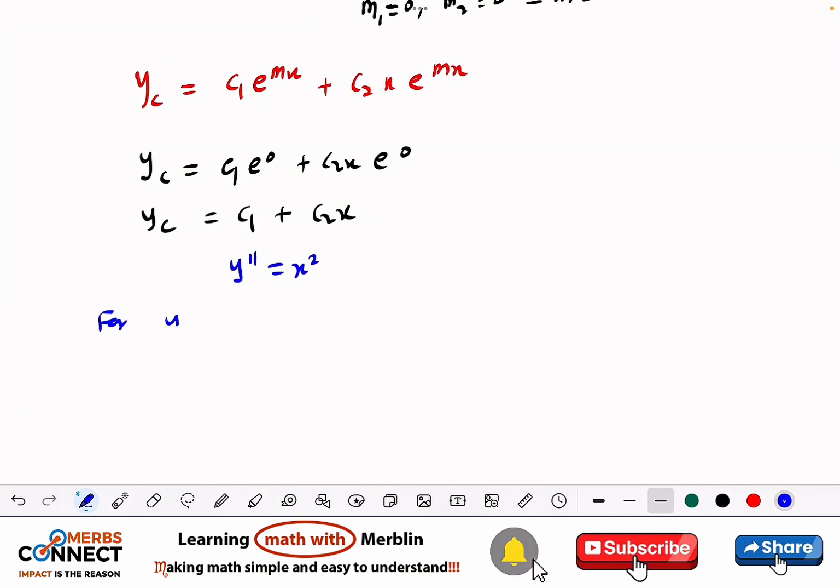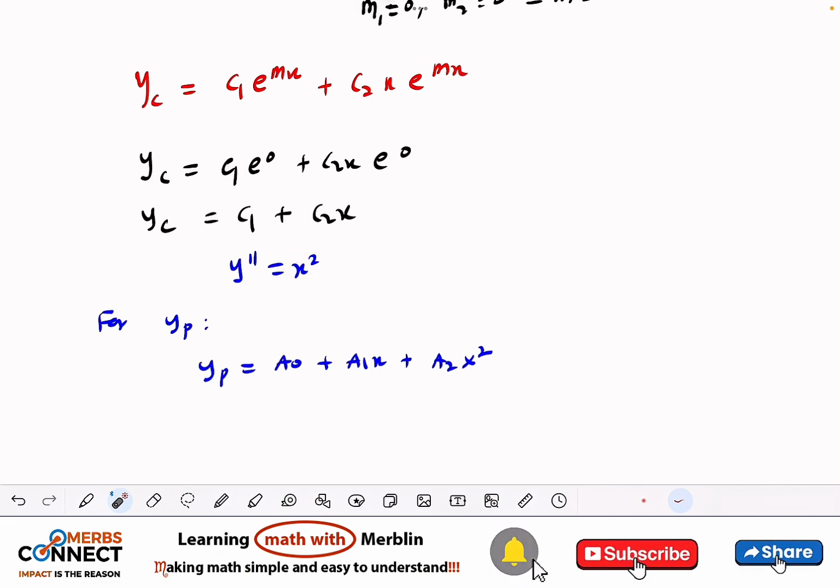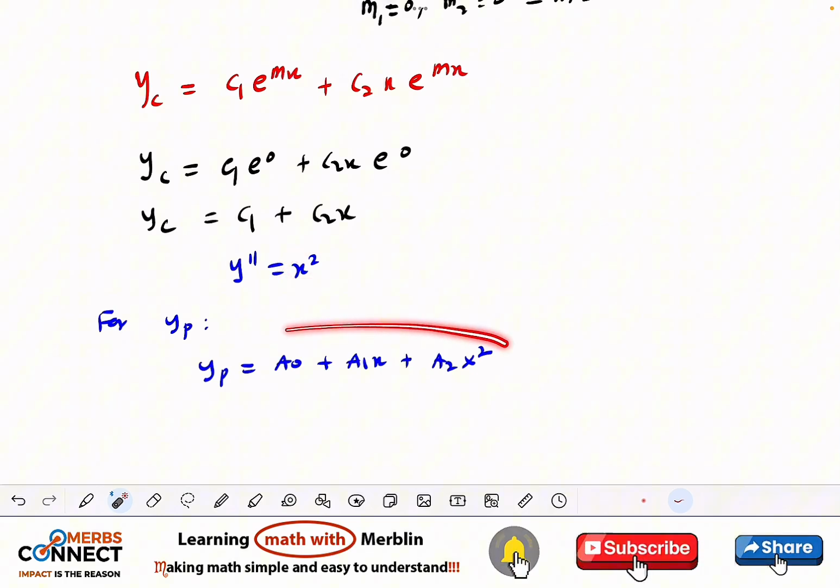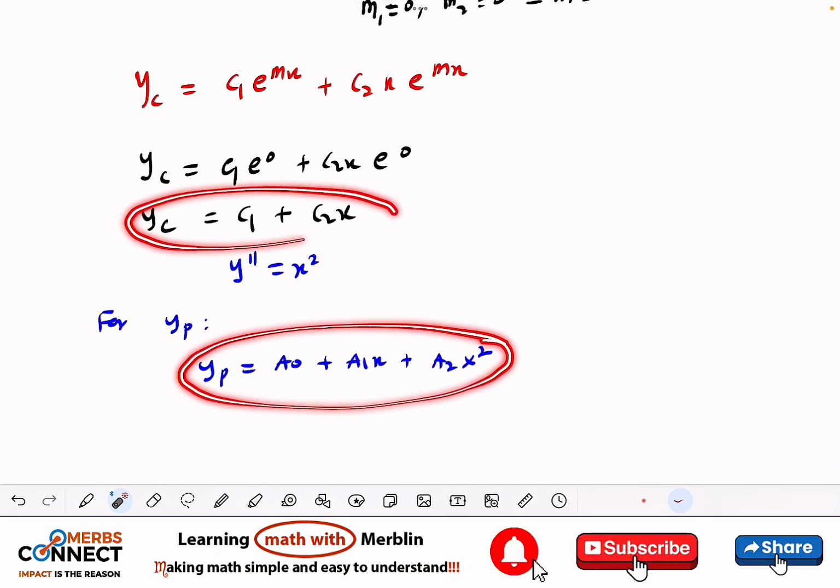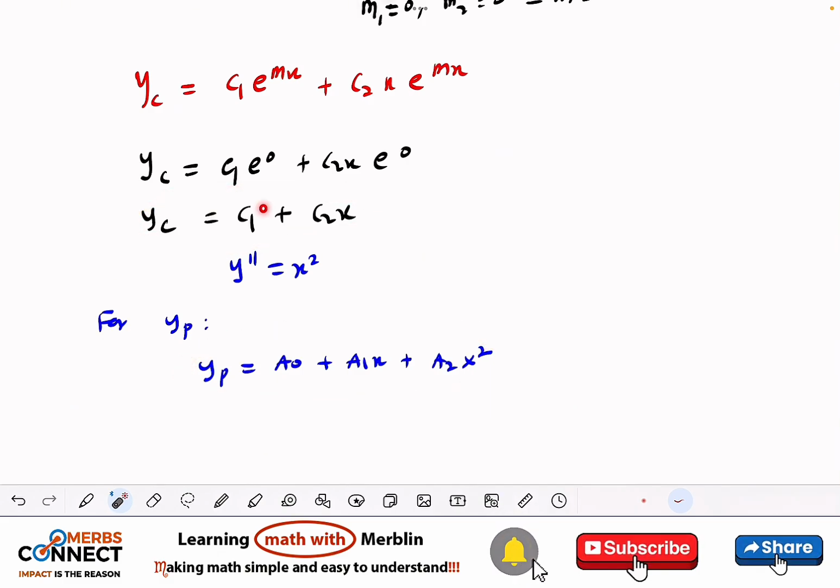So for the particular solution, first we guess a0 plus a1 x plus a2 x squared, because this is squared, a quadratic one. Now compare and see if none of the terms here is in the complementary solution. We can see a constant here, a constant here.